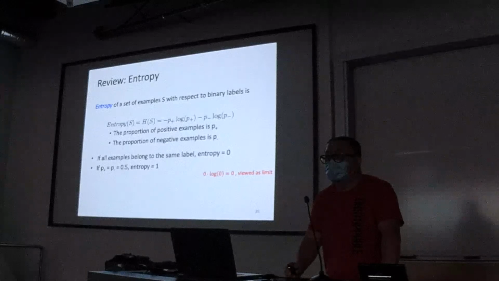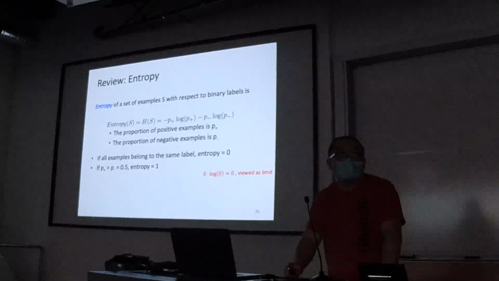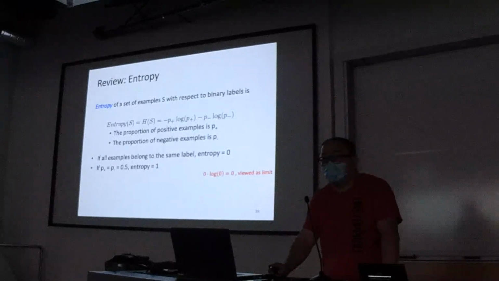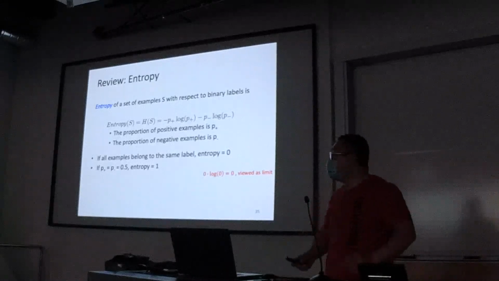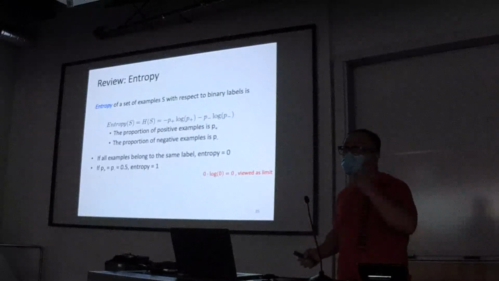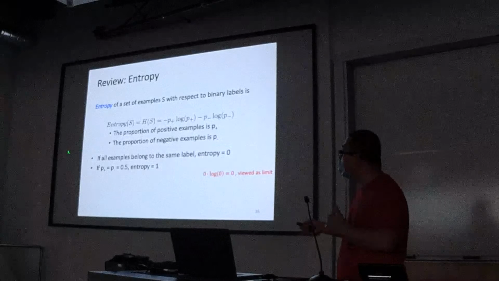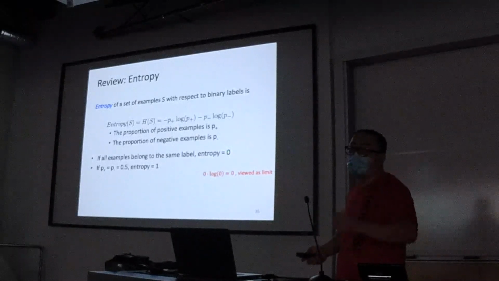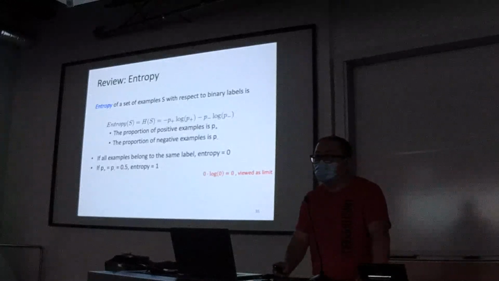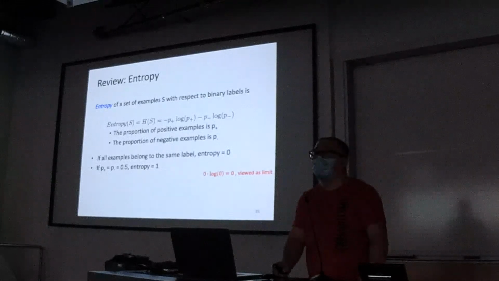Your labels are perfectly balanced, so the set is very mixed, and the purity is worst. So when your uncertainty reaches maximum, your purity is the worst. When your uncertainty or entropy is the smallest, your purity reaches the maximum. That's why we call it two sides of one coin.